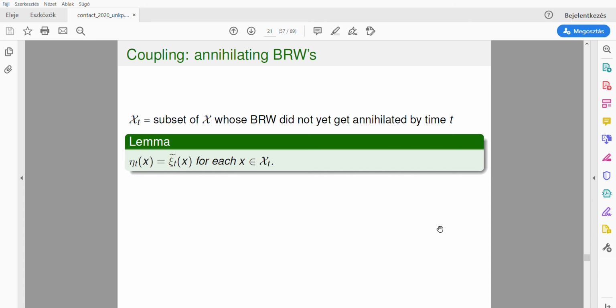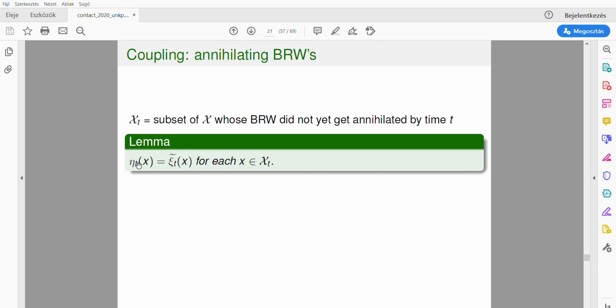So xt is the set of those starting points who did not yet get annihilated by time t, and the lemma is that for those starting points, the indicator that the branching process survives up to time t is the same as the indicator that the infection path survived up to time t.